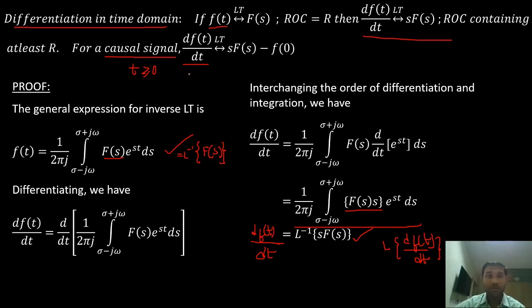It is defined for both positive values of t and negative values of t. Now what we are going to do is find the Laplace transform of d by dt of f of t when my f of t is a causal signal, only defined for values of t greater than or equal to 0, only for the positive side of t.